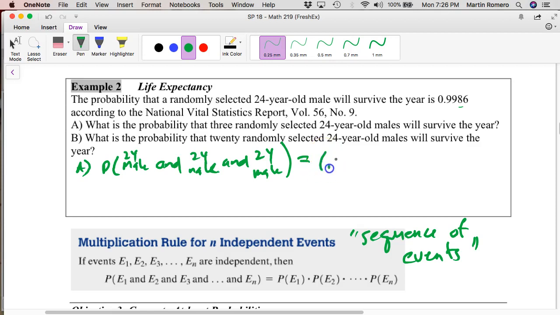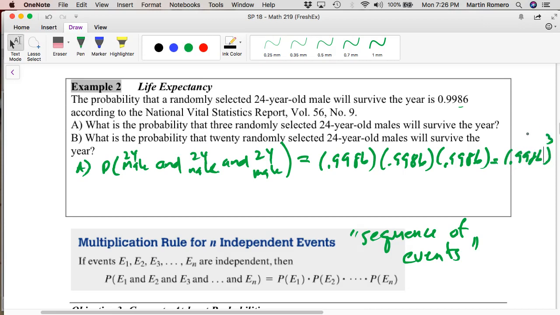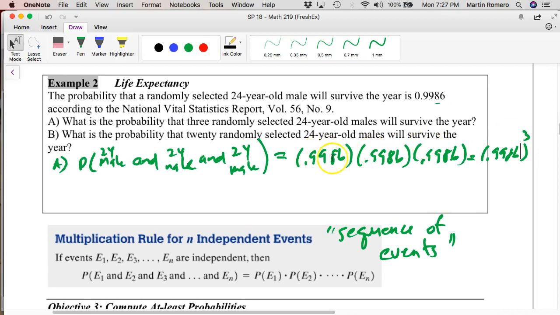And so the answer would become 0.9986 times 0.9986 times 0.9986. And a shortcut you are going to see in the book is 0.9986 to the power of 3. We use exponents on these sequences of events, especially if it's the same value we're multiplying.